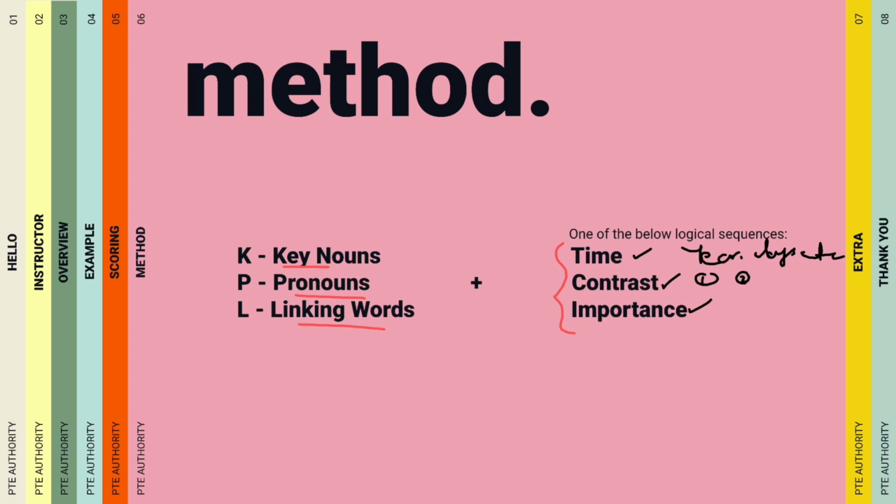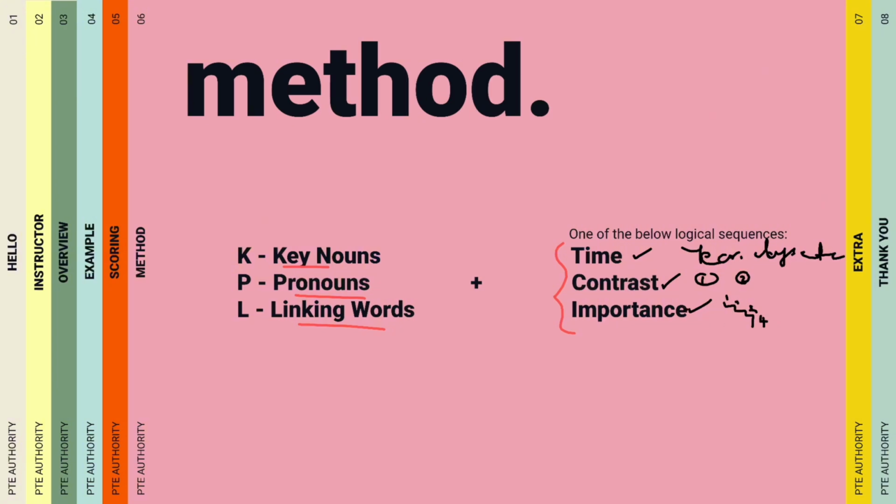And the third thing is importance. So if you get a series of paragraphs that is talking about a decreasing order of importance, most questions of the importance type will talk about the most important stuff, like rank 1 and then rank 2, 3, in a decreasing fashion, from the most important to the least important.